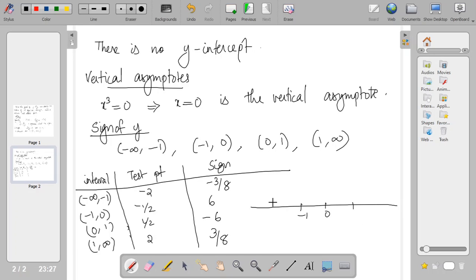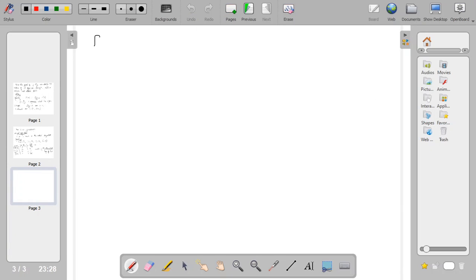So the function has a negative value here, then here it has a positive value, then here a negative value, and here a positive value. That is how the sign of the function is changing. We have completed the sign of y, and now let us look at the end behavior.